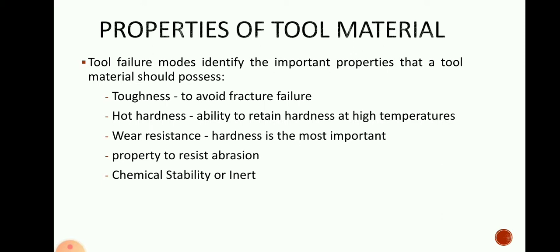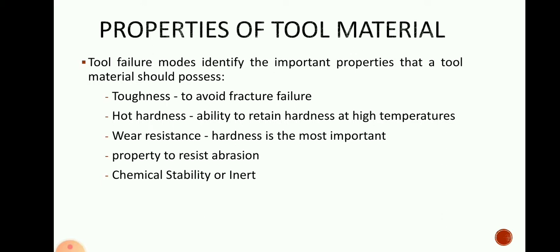Thirdly, they should be wear resistant. Hardness is the most important criterion or parameter of the tool material. It should have high hardness, hot hardness, and toughness, as well as high wear resistance, because the tool is continuously in operation, making wear contact with the cutting material.